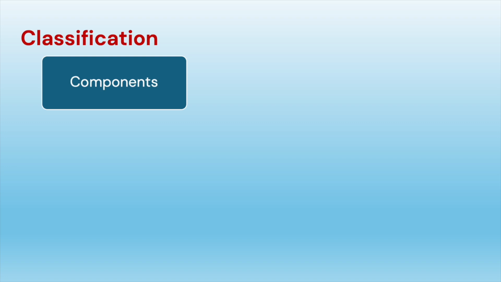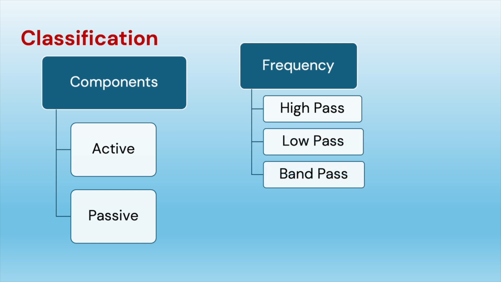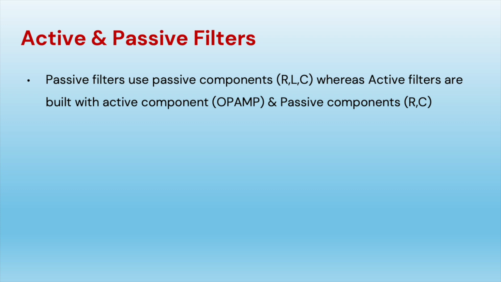The classification of filters, based on the components which are used in the filters, we have active and passive filters, and based on the frequency we have high pass, low pass, band stop and all pass filters. Passive filters use passive components, that is they use resistor, inductor and capacitor, whereas in active filters we use active components like amplifiers.